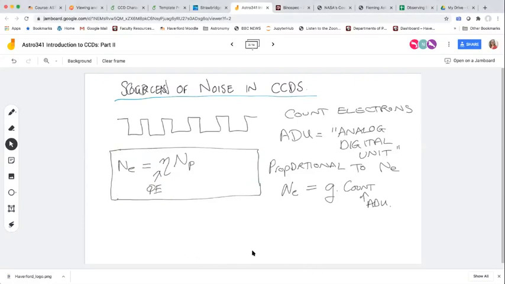There are other complications. One complication is that, in my little bucket version here, if the electrons fill up the well, they can actually reach the full well capacity, and you can end up saturating the chip. This would lead to saturation, so that if more photons fall on the chip, it doesn't record any further numbers.